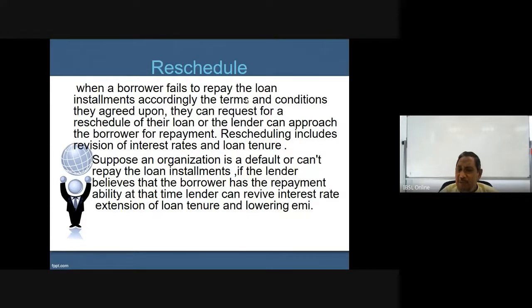In most instances we have made the mistake of taking the profit, calculating the DSCR, the debt service cover ratio, from the profits. But we do not realize that profit has to be converted into cash to pay. Therefore, cash flow is the repayment source. Profit will not pay the loan, only the cash flow will pay the loan.